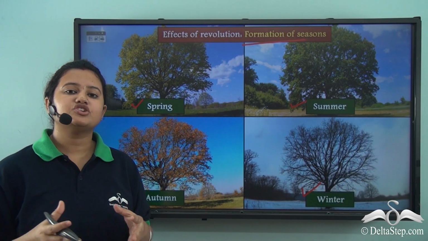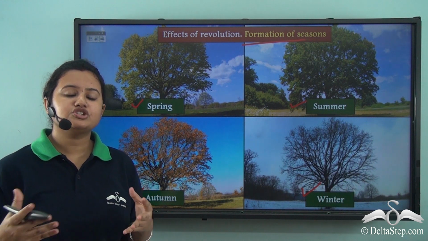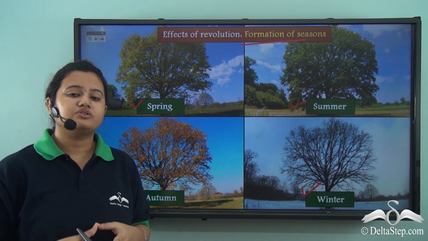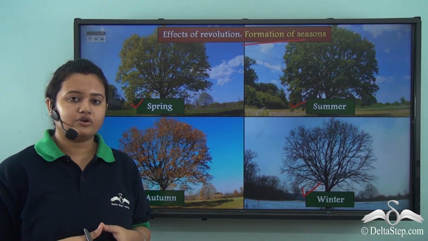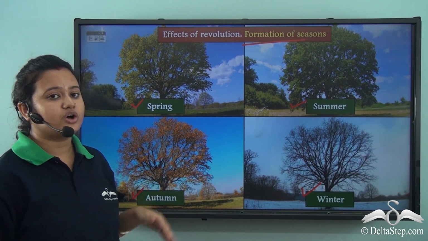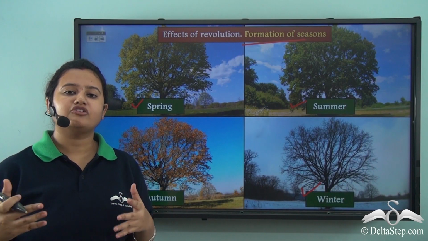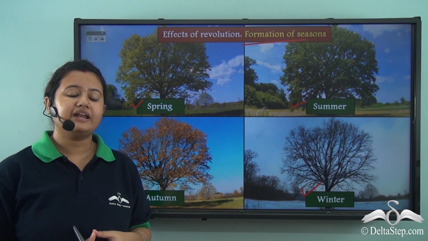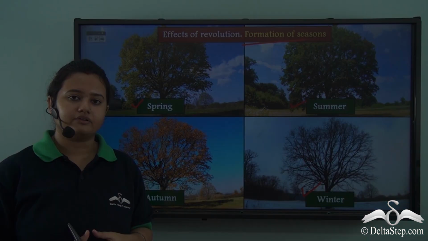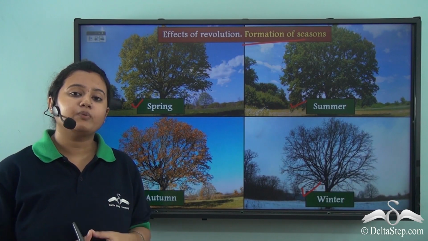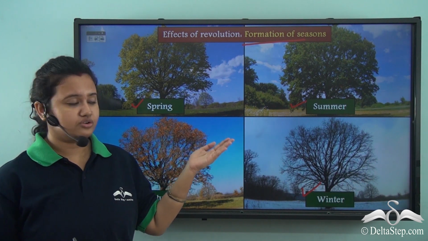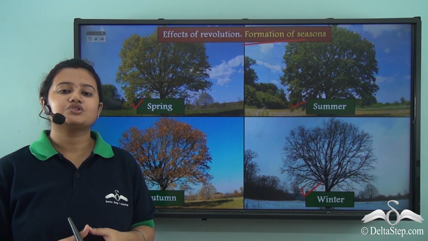If you remember, just now we discussed how the position of the Earth changes with respect to the sun, and due to this we have solstice and equinoxes, which eventually give rise to different seasons on the Earth. Had the Earth been static at one position, then we might not be able to enjoy these different seasons on the Earth. So, revolution is an important motion of the Earth, and it eventually leads to formation of seasons on Earth.